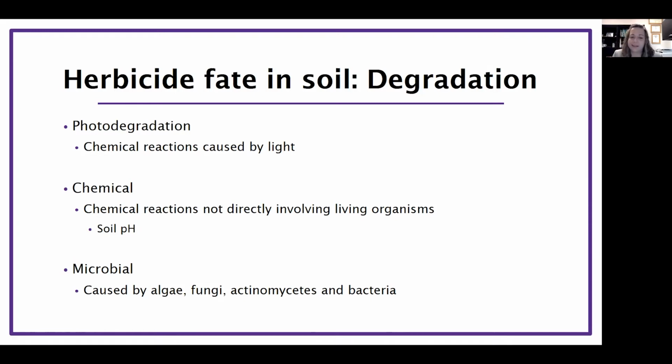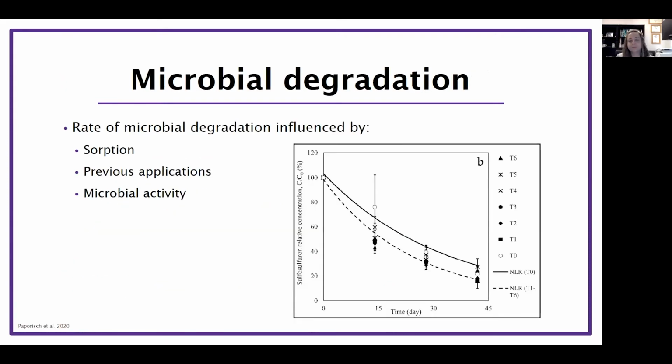This would be like, my family likes black olives on their pizza. I don't. Sometimes I accidentally get a black olive in my pizza. That would be an example of co-metabolism, those bacteria and fungi breaking down herbicides even though they're not intending to use them as an energy source.